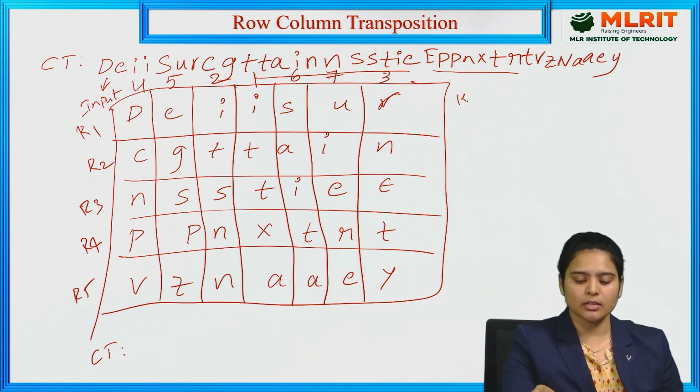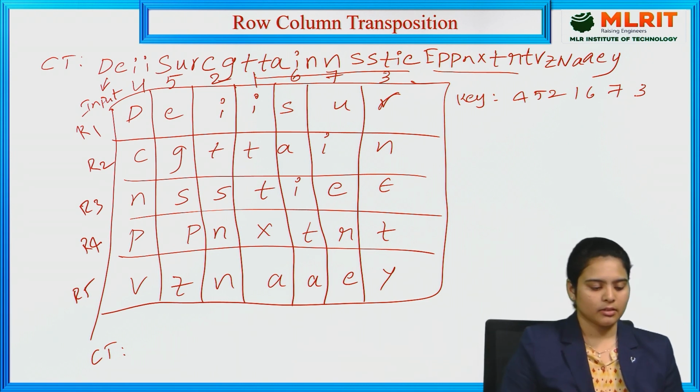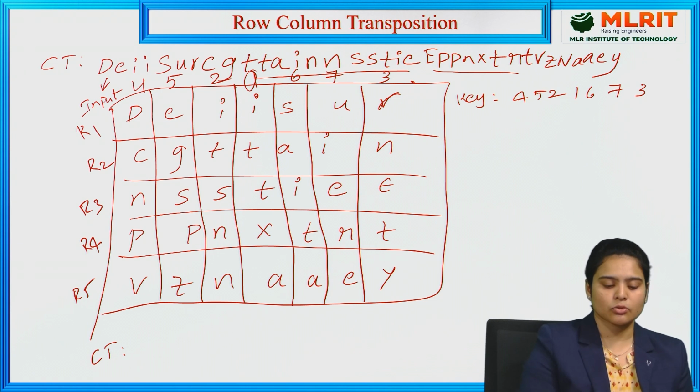So what is the key here? 4, 5, 2, 1, 6, 7, 3. This is the format. So here the fourth column is considered as the first. What is the first one?